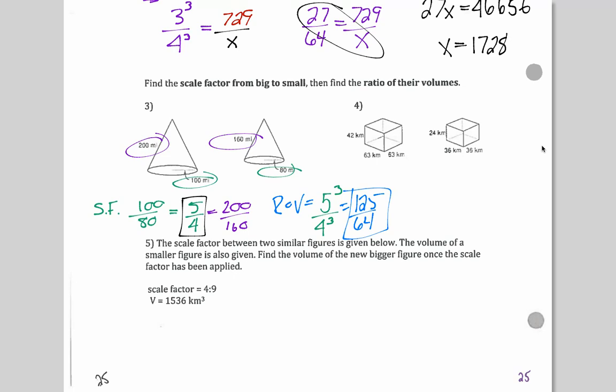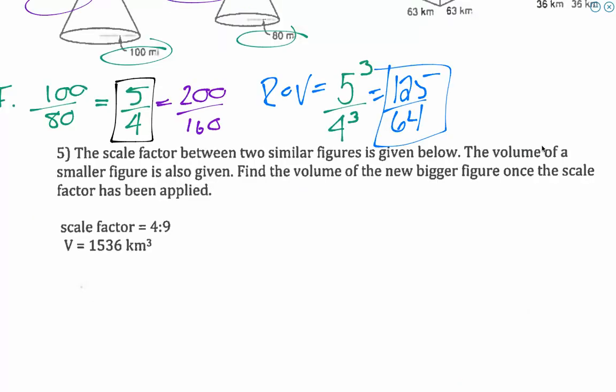And then number 5 is similar to the one above. We'll do this one together though, because it's a big problem. They give us a scale factor, and since we're dealing with volume, I'm immediately going to change that scale factor into a ratio of volumes.